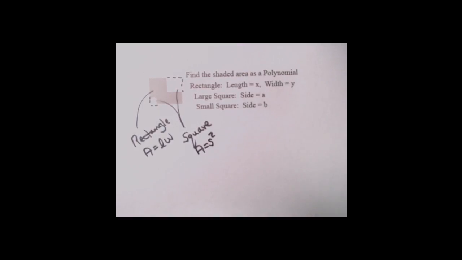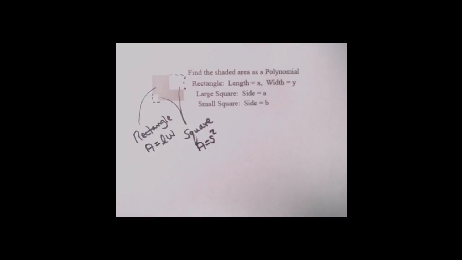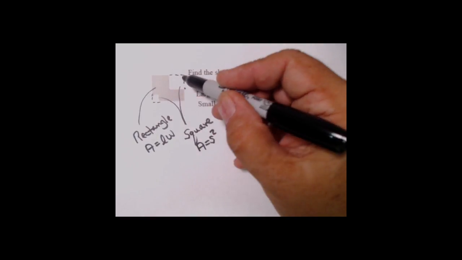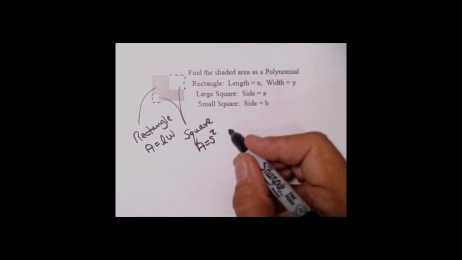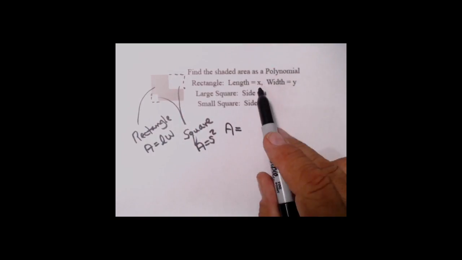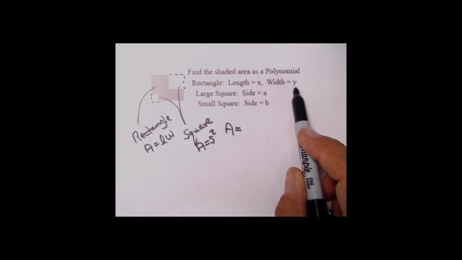Well, again, we do like we did on the other example. First, let's find the area of the entire rectangle. So area equals, now notice they tell us to use X for length and Y for width.